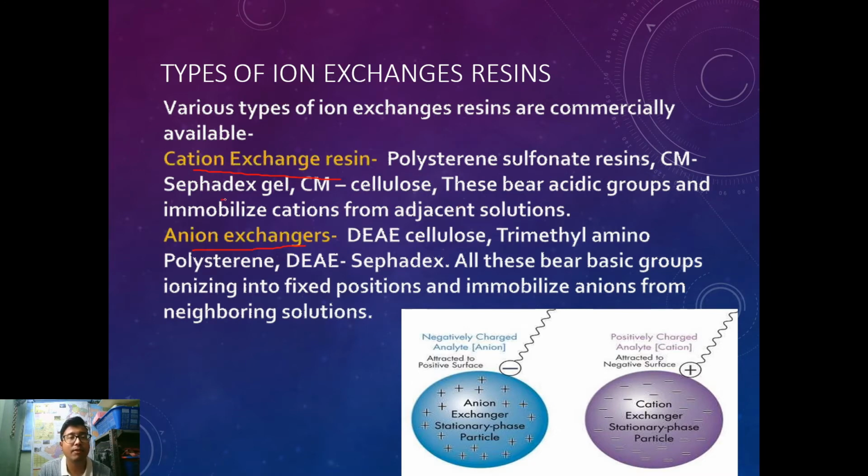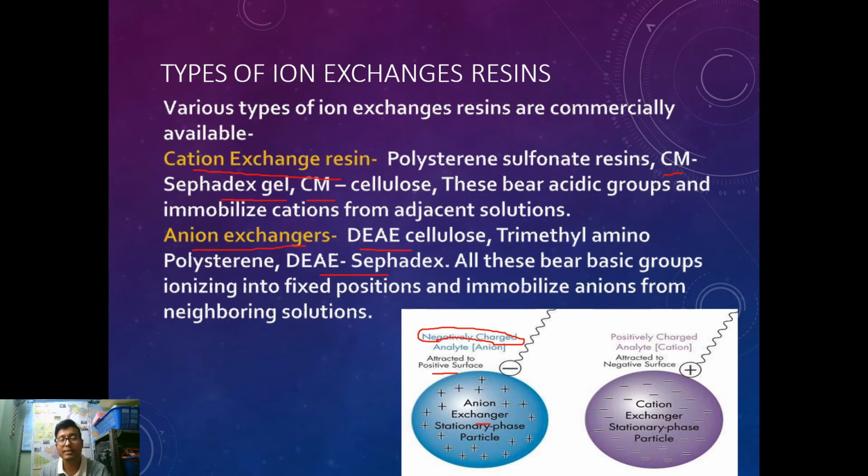See, Sephadex gel is one, CM Sephadex, and CM cellulose, these are cation exchangers, and DEAE cellulose and DEAE Sephadex are all anion exchangers. These are commercially made. Now what's the big deal? Anion exchanger stationary phases exchange anions, and anions are attracted towards a positively charged surface.